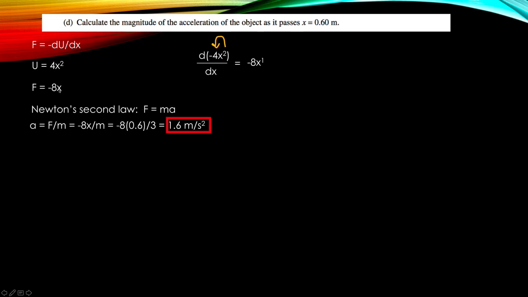So ma is equal to this, and we can solve for a equal to F over m, plug in this for F, and we'll get negative 8x over m. Then plug in all the values we have, 0.6 meters and 3 kilograms for m, and you'll get 1.6 meters per second squared.